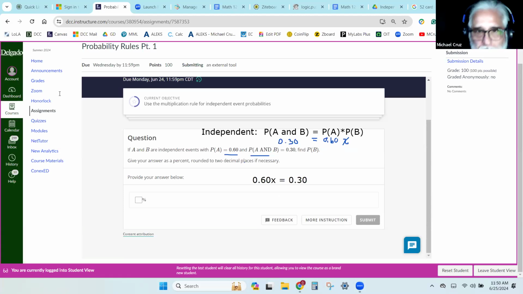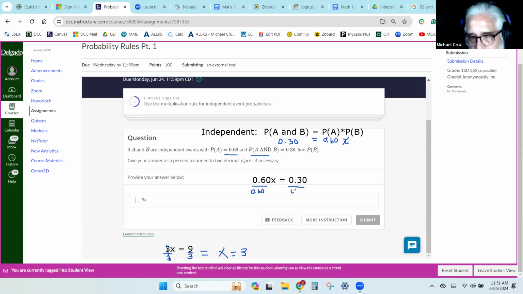All right. You can kind of think of it sort of like this. 3x is equal to 9. Then what do you do? Divide both sides by 3. So then x is equal to 3. So the same thing here, we're just going to divide both sides by that 0.6.